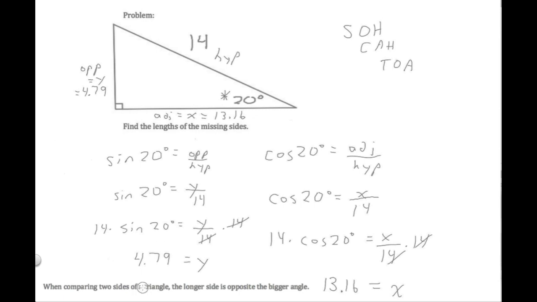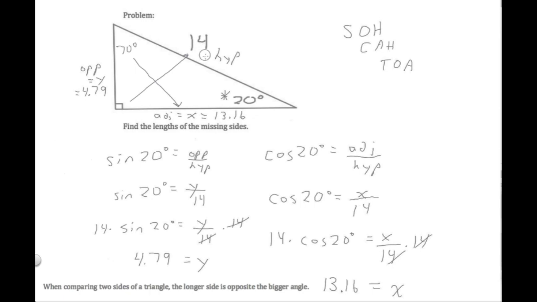By the way, I did already mention this rule before when we were explaining why the hypotenuse is always the longest side of a right triangle. And you can see how that applies here. This angle is 70, but there's another angle that's even bigger here, which is 90. And the bigger angle of 90 is opposite the longer side of 14. And the smaller angle of 70 is opposite the smaller side of 13.16.